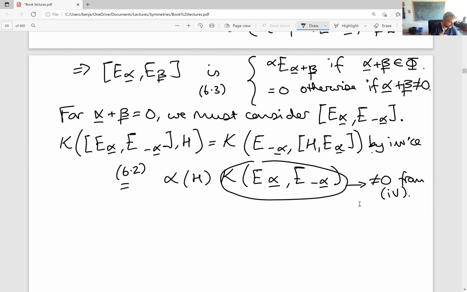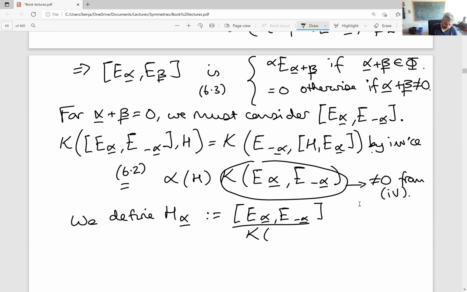Okay, now if we define a kind of scaled bracket, H_alpha, so we define it to be [E_alpha, E_minus alpha] over the Killing form of E_alpha and E_minus alpha.